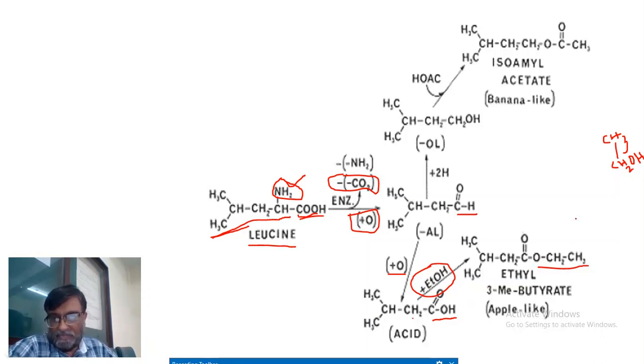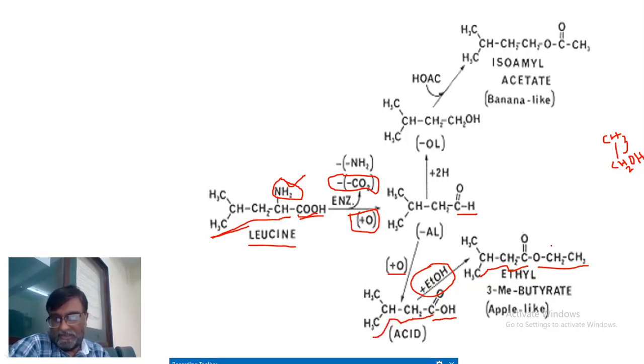And this part will be the same: C double bond O, CH2, CH, and the branch.